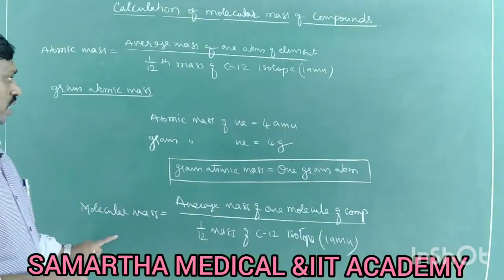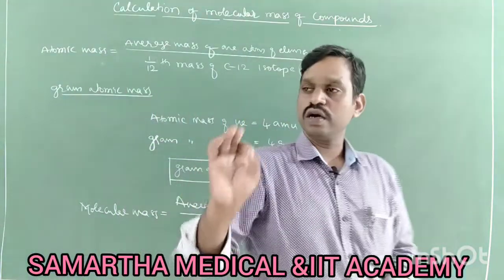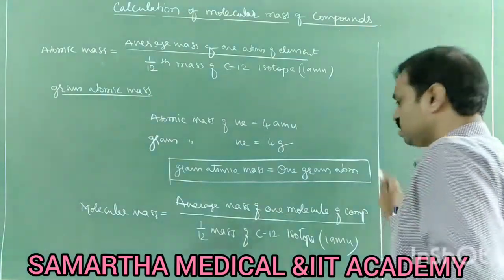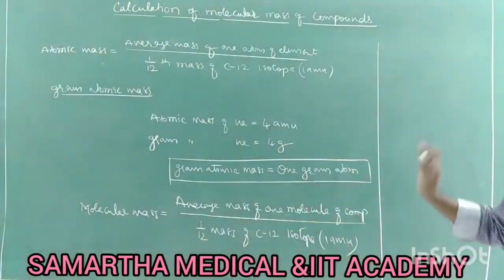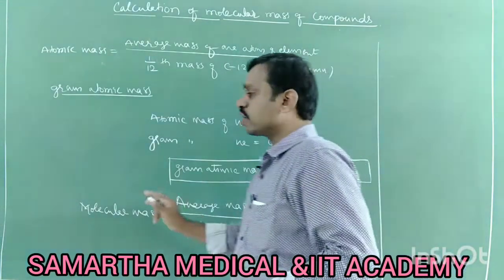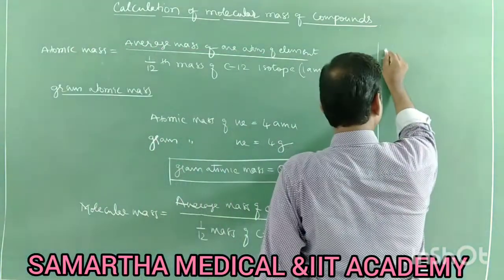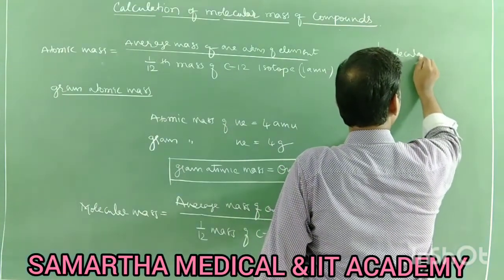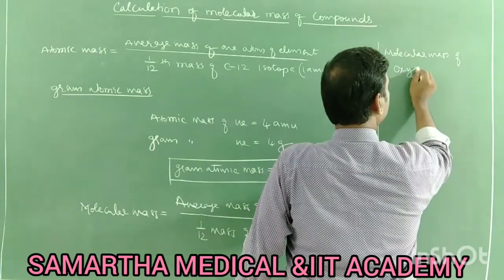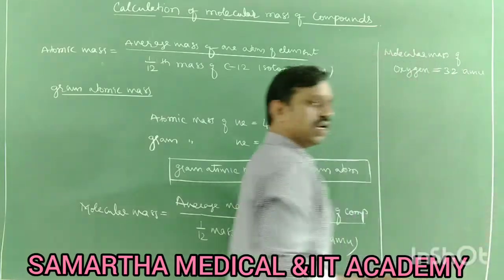Similar to atomic mass, molecular mass also has no unit. Therefore, we have gram molecular mass. So what is gram molecular mass? If the molecular mass of any compound is expressed in grams, it is called gram molecular mass. For example, the molecular mass of oxygen is 32 AMU, atomic mass unit.